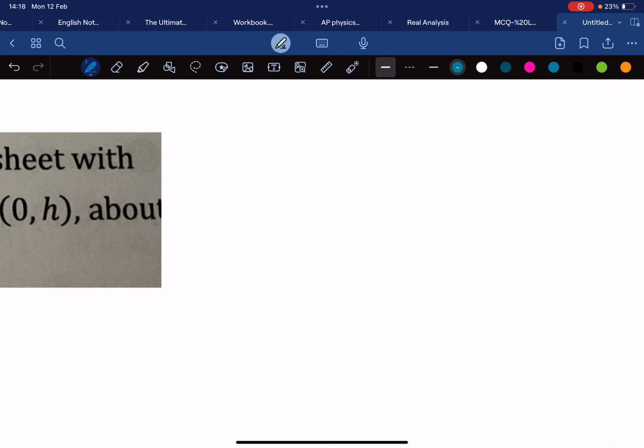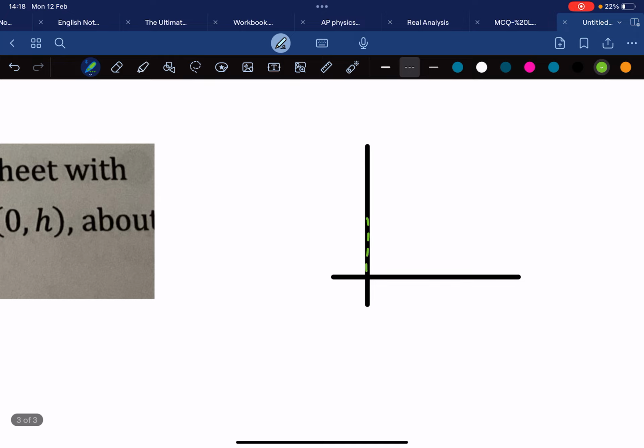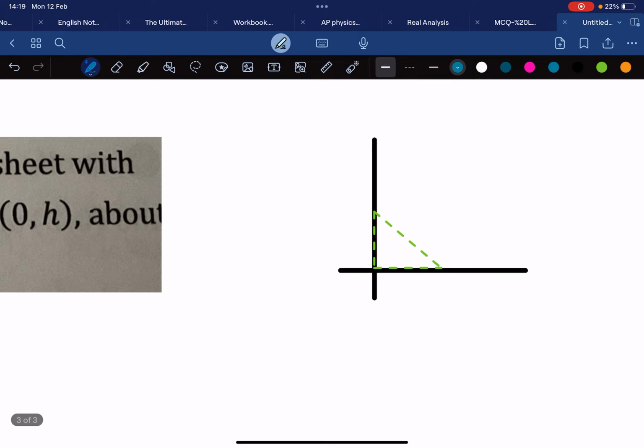So first, if we just quickly draw a picture of this. It's going to be in the xy plane, and it's going to form a triangle like this, going up until h, with endpoints.